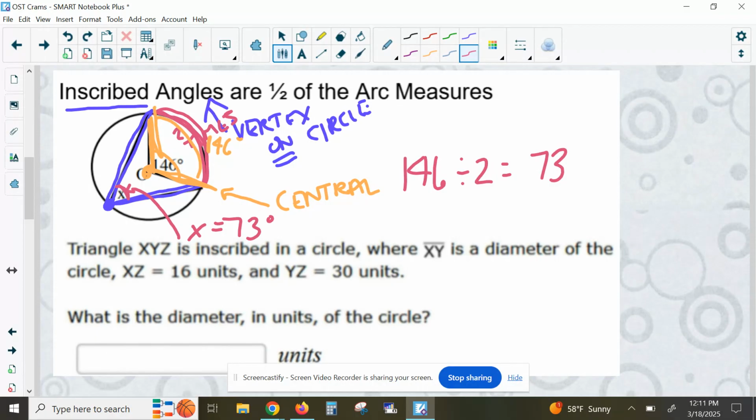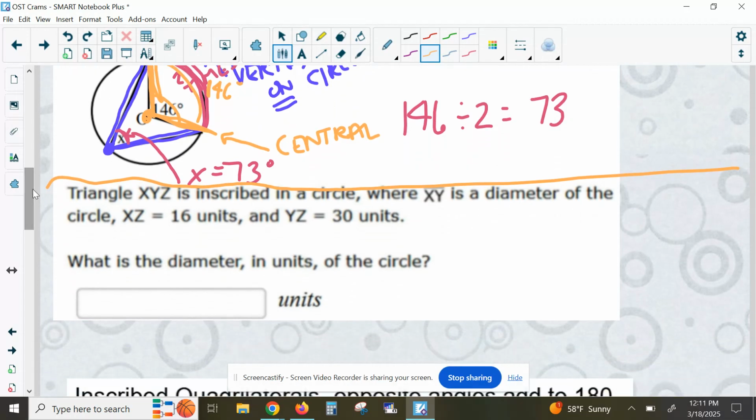Okay, let's look at this one under here. It says we have a triangle XYZ that is inscribed in a circle, where XY is a diameter of the circle, and then we have some measurements of some pieces. So here's what this looks like. It's a circle, obviously. Inscribed means all of the vertices are touching it. So we have a triangle.